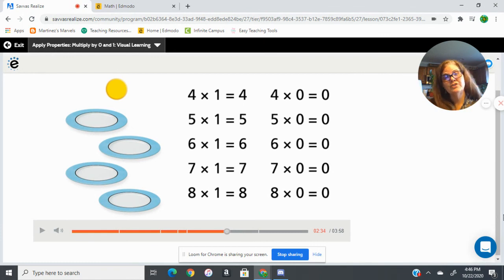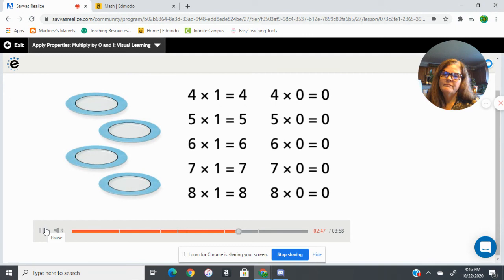Can we use counters to show the number of oranges on this plate? So there's a counter. Can I use that to count these oranges? There aren't any oranges to count. There are no oranges on any of the plates, so there is nothing to show. Can you show 4 times 0 with counters? No. 4 times 0 means 4 groups of 0, so there is nothing to show.